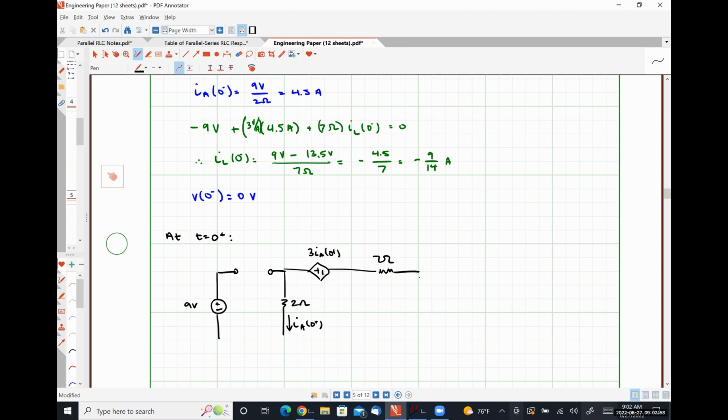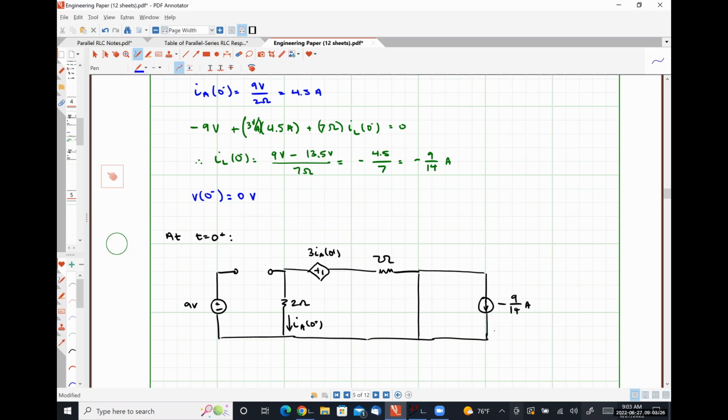Our capacitor is going to look like a short circuit because we need it to be a 0-volt source. And our inductor is going to look like a current source that's carrying a current of negative 9/14 of an amp. Like so.